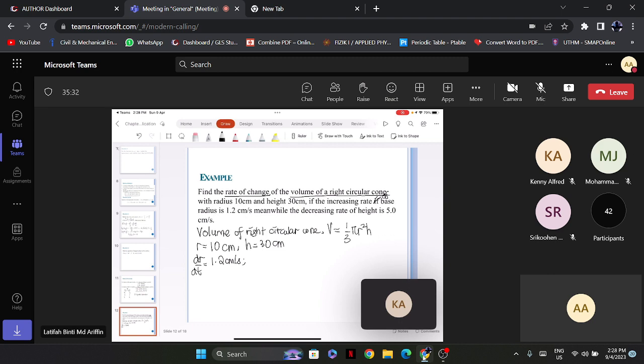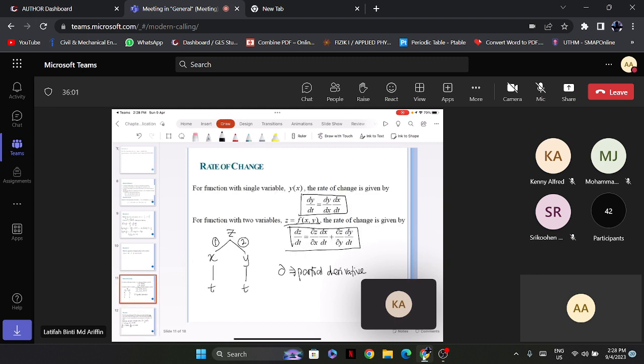And the decreasing rate of height is given by dh/dt equals minus 5.0 cm per second. This is the information we have from the question, besides the formula for the volume of a right circular cone. Now let's look back at the previous slides. We want to use this formula for a function of two variables, dz/dt.